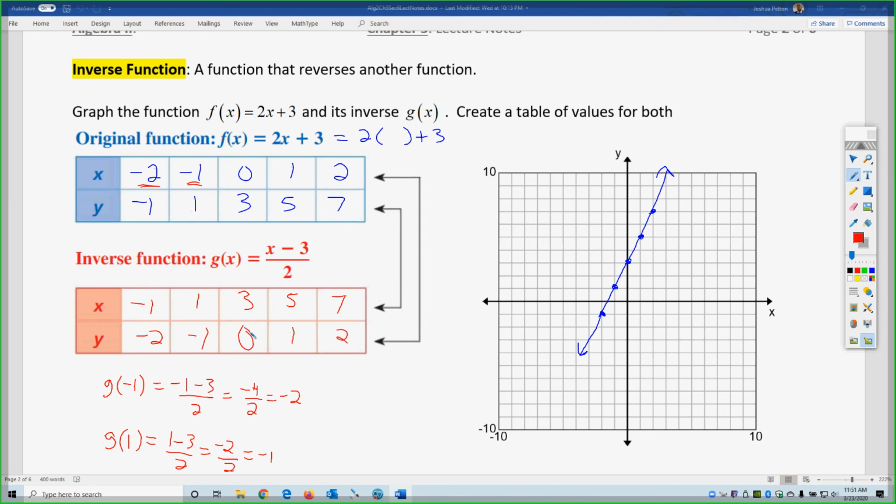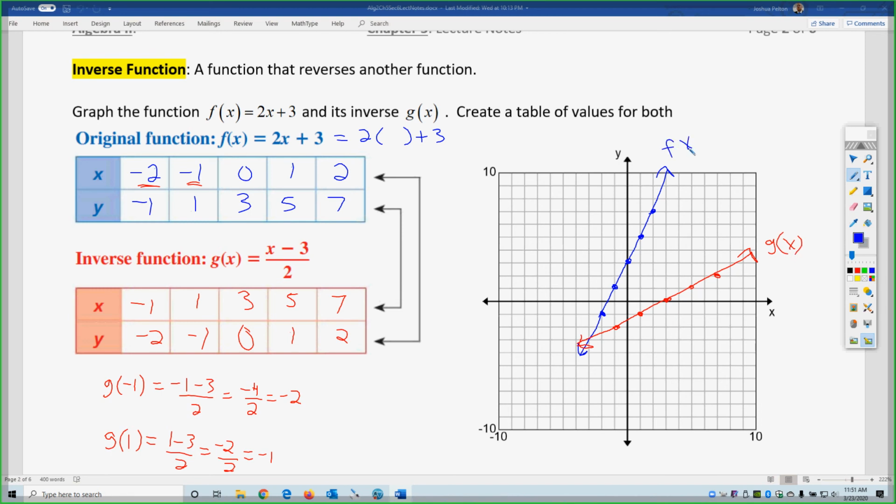So at negative 1, I'm at negative 2. At 1, I'm at negative 1. At 3, I'm at 0. At 5, I'm at 1. And at 7, I'm at 2. Okay, so that's my g of x.